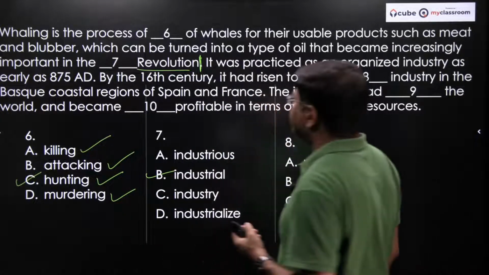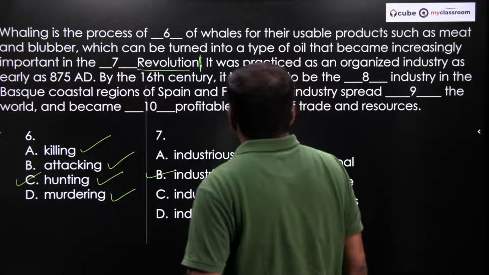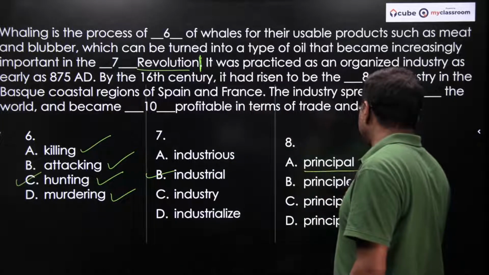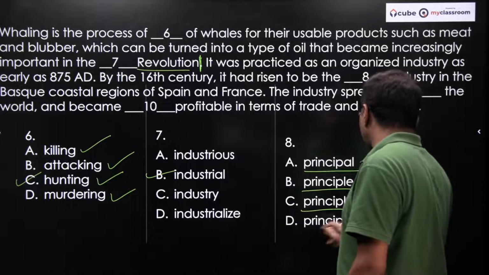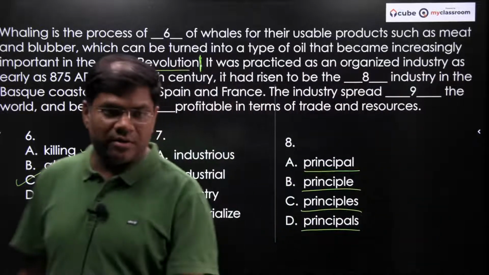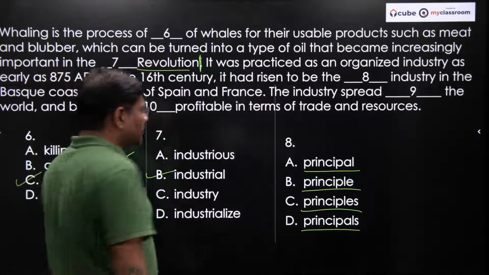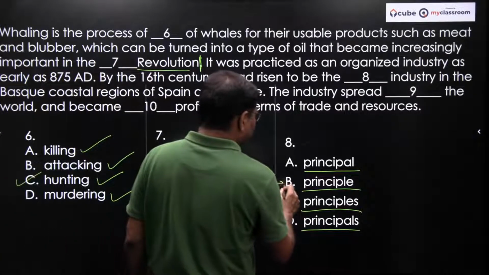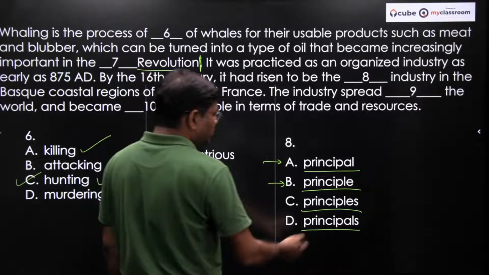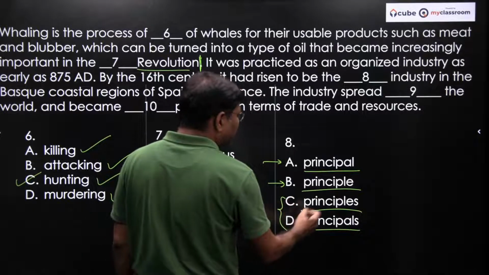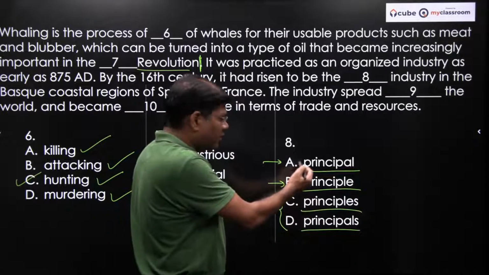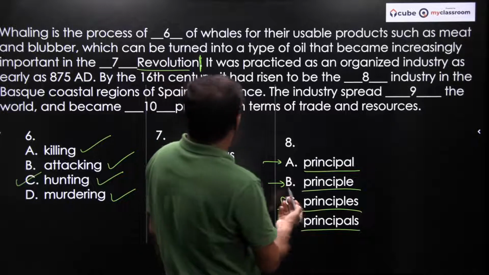Further ahead it says, by the 16th century, it had risen to be the dash industry. So which industry? Principal, principles or principles? Again, very interesting questions these are. If you look at the word principle, this principle and these two principles are different. These are plural forms of the earlier singular forms.